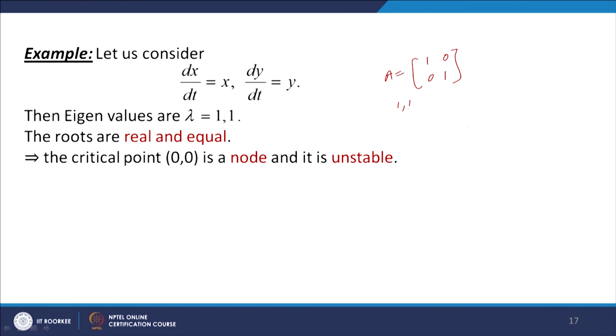In this case you can see again a is equal to d not equal to 0, a equal to d equal to 1 not equal to 0, and b and c are zeros. So we get the critical point as a node, but remember here lambda is positive. Lambda is not negative, lambda is positive, the roots are real and equal. So it is a node, but it is unstable.